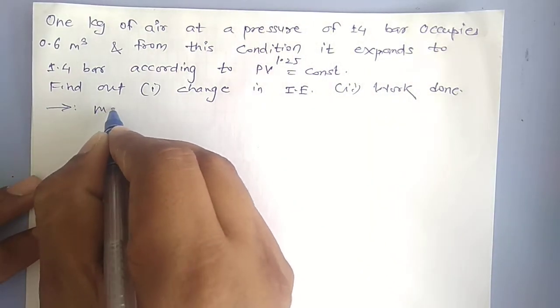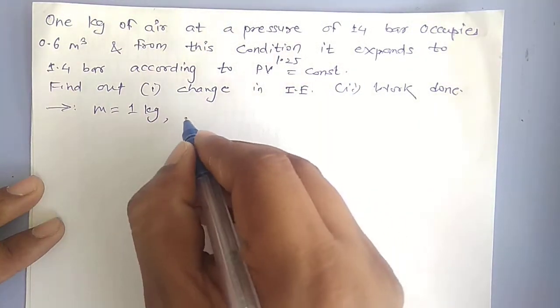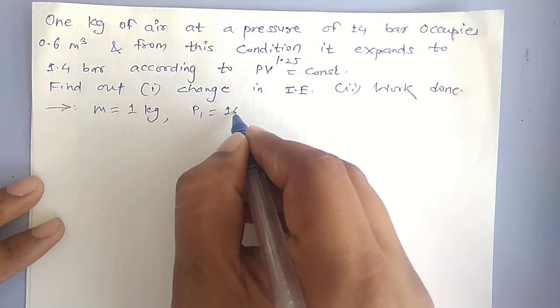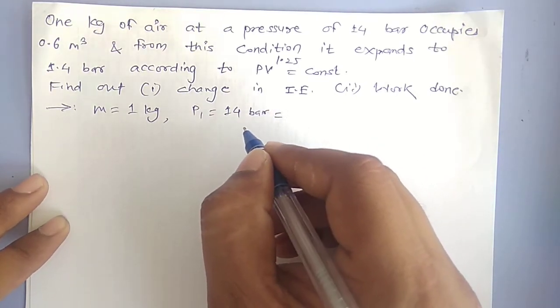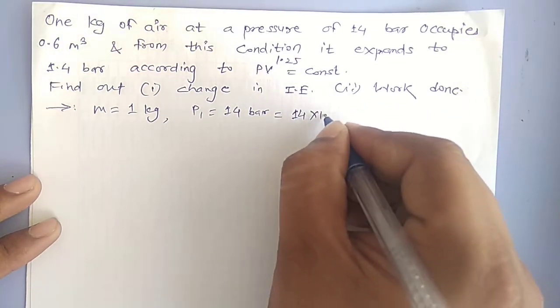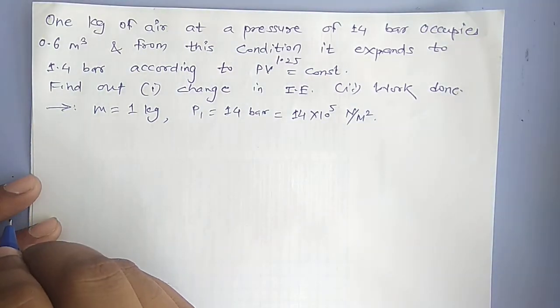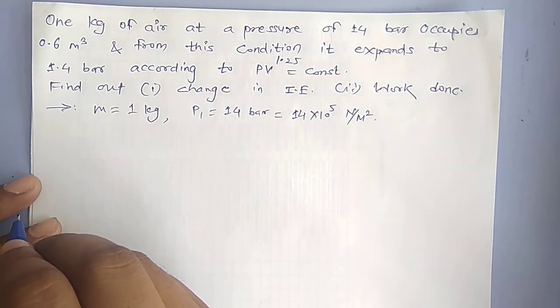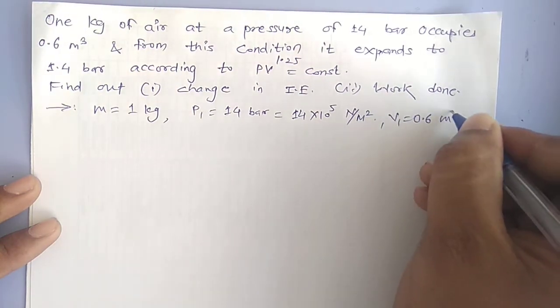Given mass is 1 kg, and initial pressure is given as 14 bar, which will be converted into Newton per meter square by multiplying by 10 raised to 5. And volume is given as 0.6 meter cube, which is V1 equal to 0.6 meter cube.